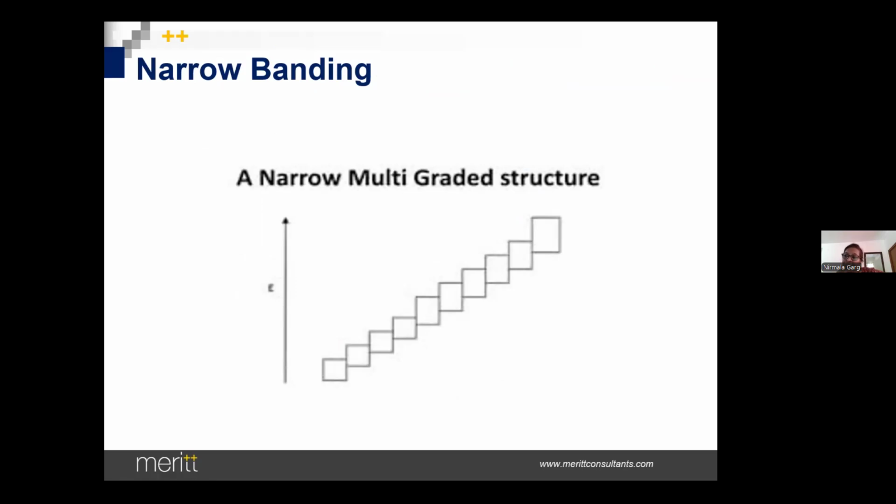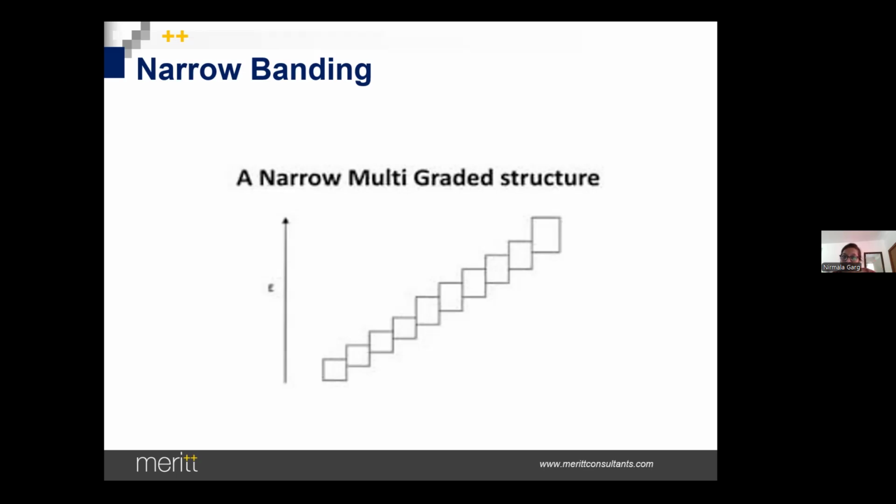If a person has to stay on for 30 years, it will have 15 grades, or sometimes even 20 grades. So, narrow band means every grade has a very narrow range. The difference between the min and the max, the salary range, is very narrow. So in 2 or 3 years, he comes to the maximum and then gets promoted. So there are many grades.